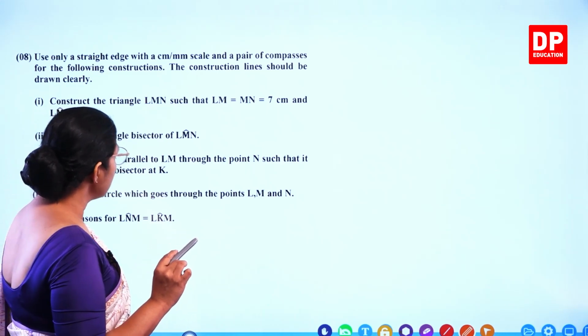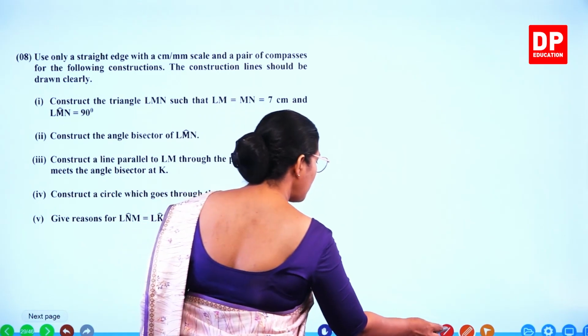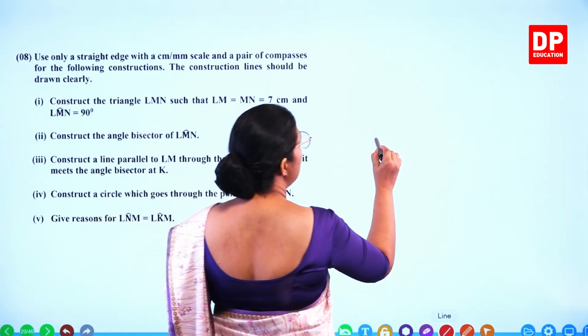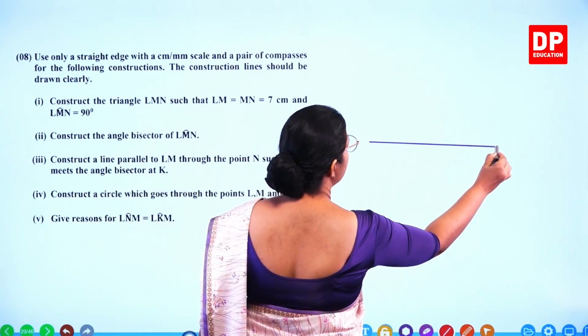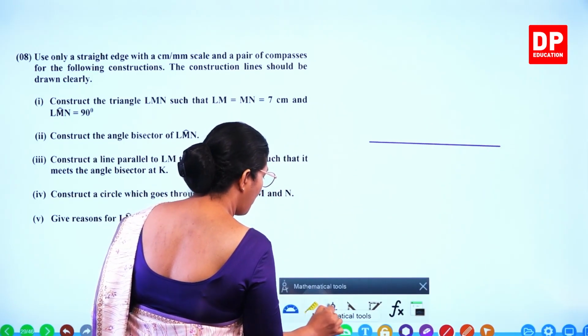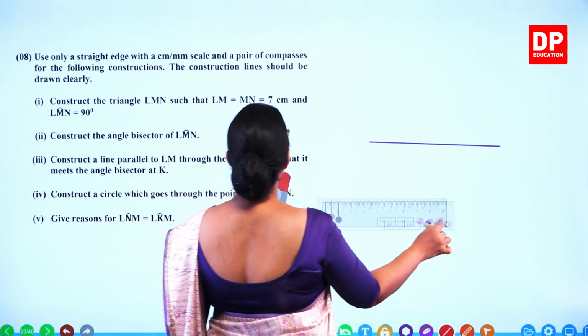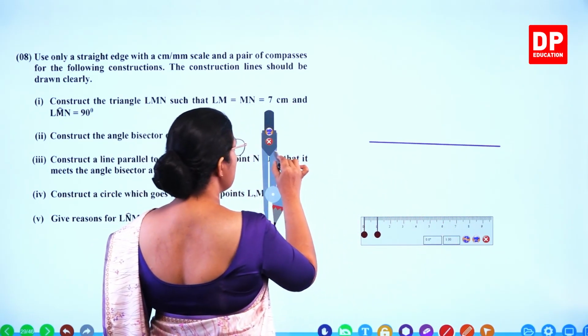So let's construct the triangle first. What is the first thing you do? You take the ruler and draw a line. Then take the compass and the ruler. We need to measure a 7 centimeter length.